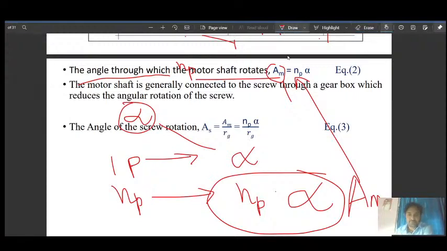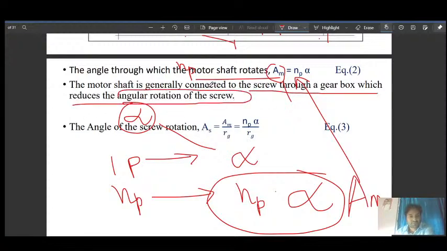Next, the motor shaft is generally connected to the screw through a gearbox, which reduces the angular rotation of the lead screw. So if we are using gear reduction, the total angle rotation of the lead screw will be lower than the motor angle rotation. So AS is equal to AM by Rg.